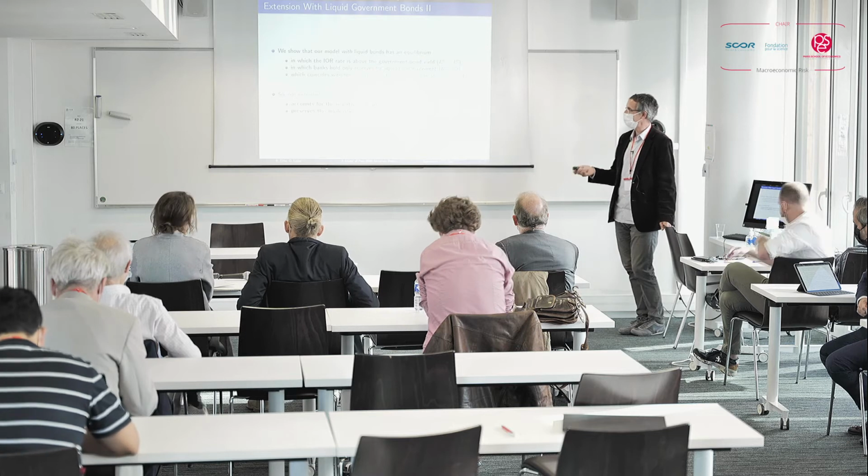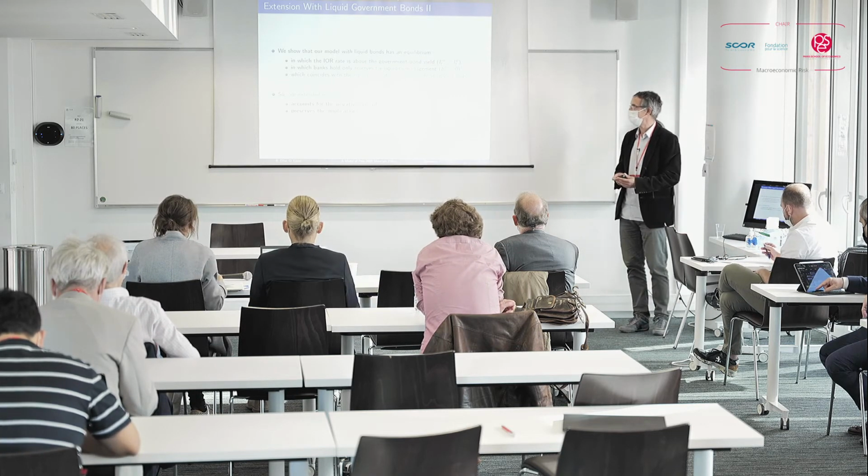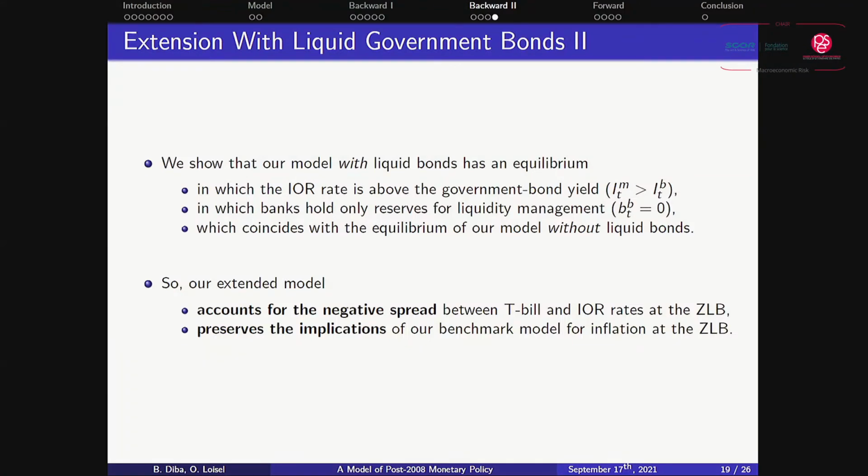And then we show that this extended model with these liquid bonds has an equilibrium in which the IOR rate is above the government bond yield. Because banks have access to the two, they prefer to hold only reserves for liquidity management. And because they hold only reserves, just like in the benchmark model, the equilibrium coincides with the one in the benchmark model, in the sense that the variables that are common to the two models take the same equilibrium value.